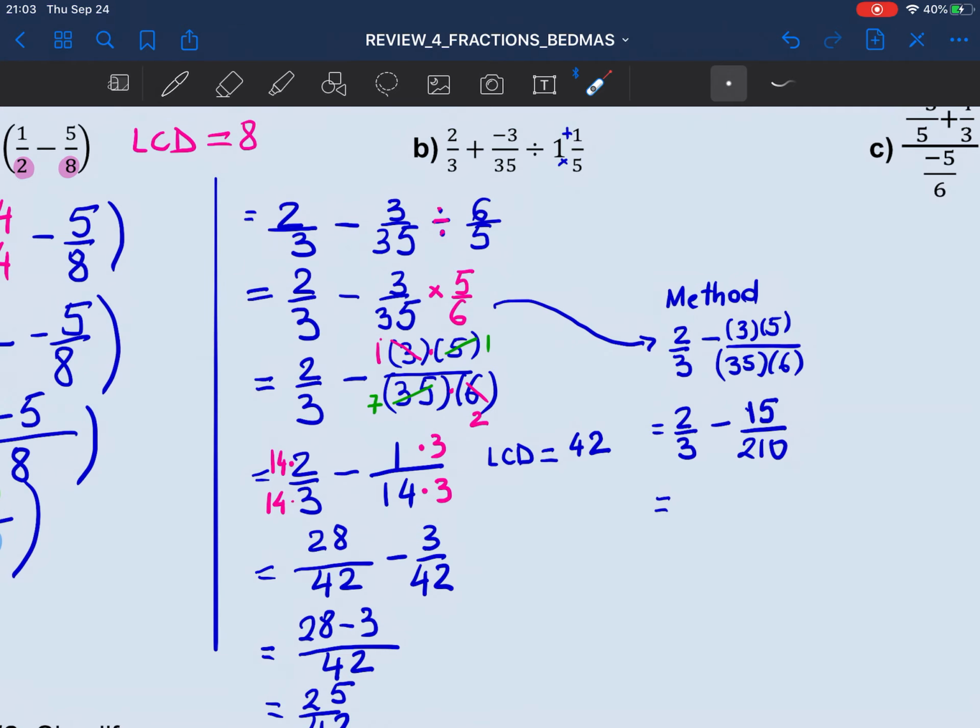In this case, these two can be reduced both by 15, because they're divisible by 15. So then you get 2 over 3 minus 1 over 210 divided by 15, which is equal to 14. And you see how you end up with the same idea as in here. So you end up with 1 over 14, and the rest of the solution will continue this way around.